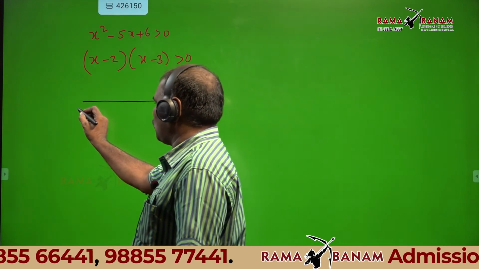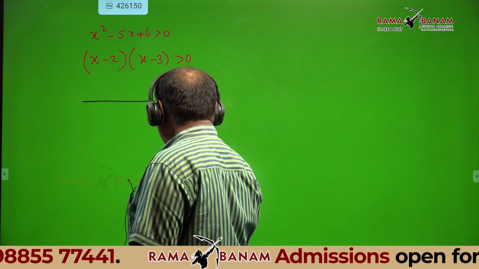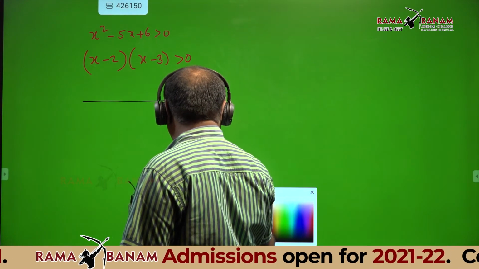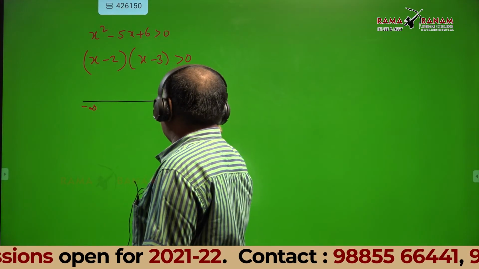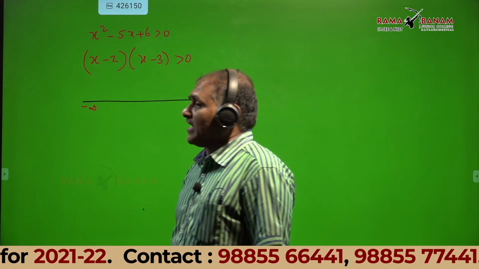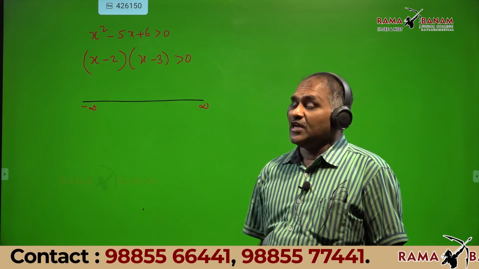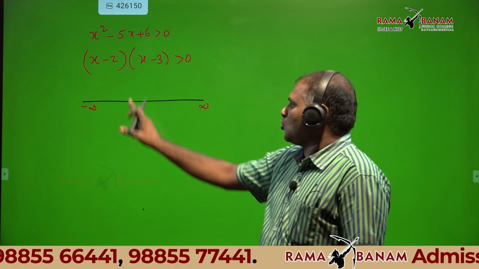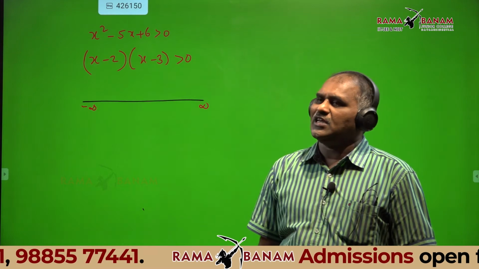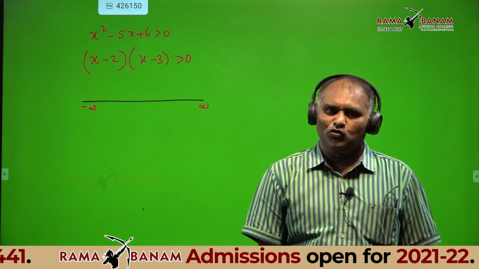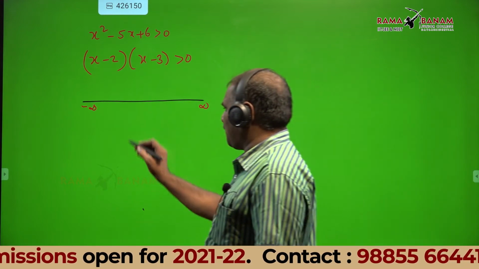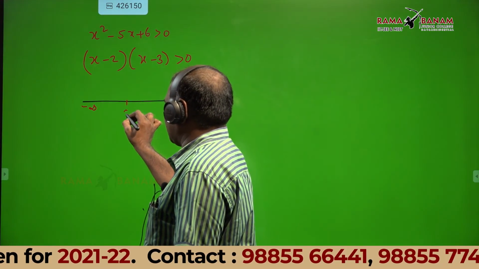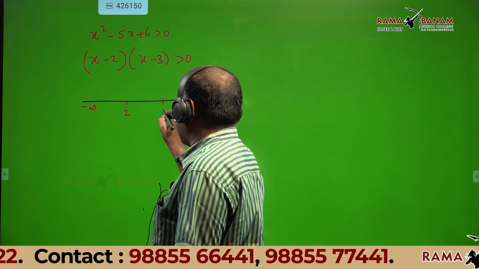What is on the number line? Minus infinity to plus infinity. Here, minus infinity to plus infinity. Indicate the roots in increasing order: 2 and 3. What is the least value out of the 2 values? 2. Therefore, I indicate this as 2, and this is equal to 3.